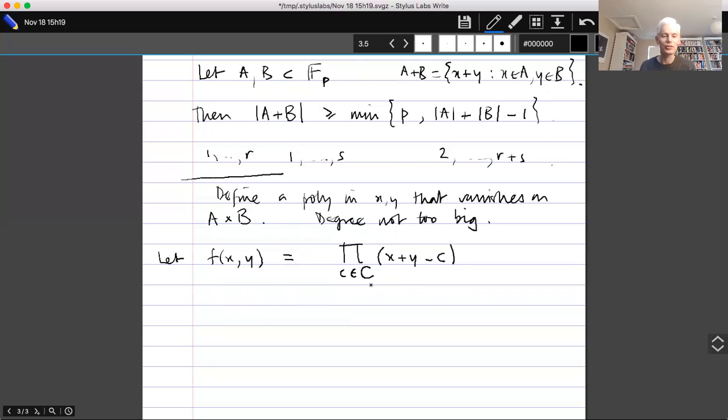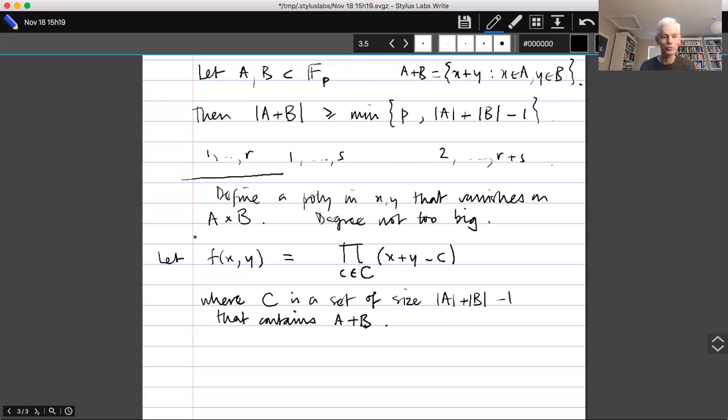With benefit of hindsight, it's just slightly convenient to do this where C is a set of size |A|+|B|-1 that contains A plus B. Now we don't know that that exists because |A|+|B|-1 might be too big.